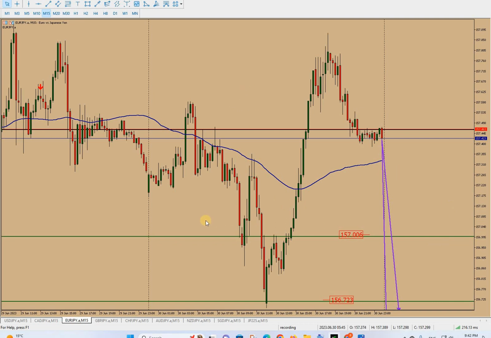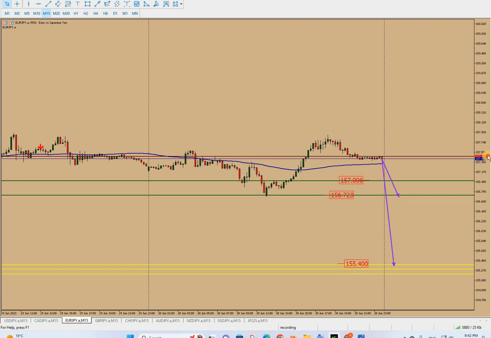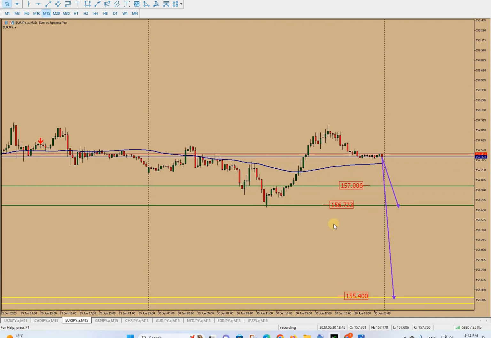I hope I explained it clearly for you guys, and I gave you those levels for the currency. These are only forecasts. I have to wait until the market opens. Then if I get the arrow to sell around this area, I will sell it. Sometimes we don't get any arrow and the market goes and hits those levels, which is fine.